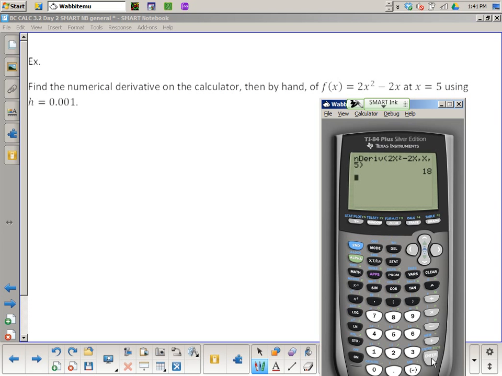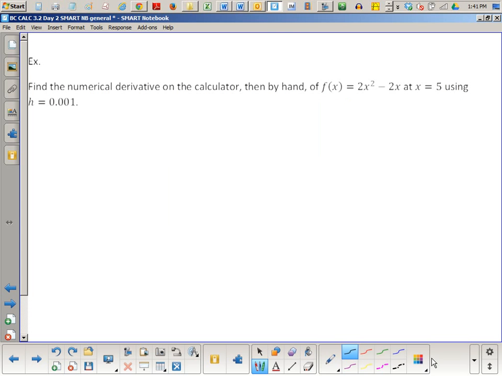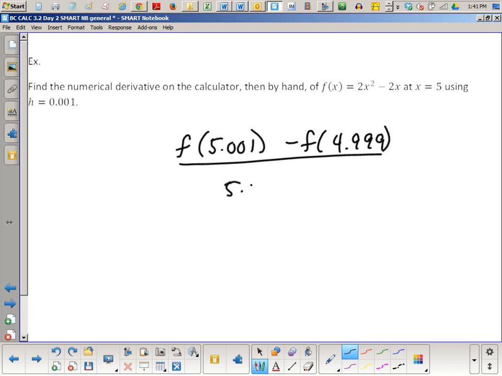So how did the calculator do it? Here's roughly what the programmers programmed it to do. So watch close. You said 5. So the calculator decides to use f of 5.001 minus f of 4.999 all over 5.001 minus 4.999.